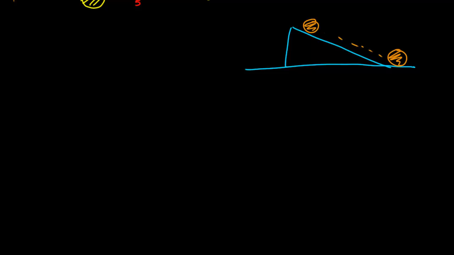Well, the one that's going to win the race is the one that has the largest velocity. The one that can attain the largest velocity is going to be going faster, and so it's going to be the one that wins. So instead of just trying to work in terms of position and time, let's work in terms of velocities to see, as they fall, which one can attain the higher velocity, because the one going faster is going to win.